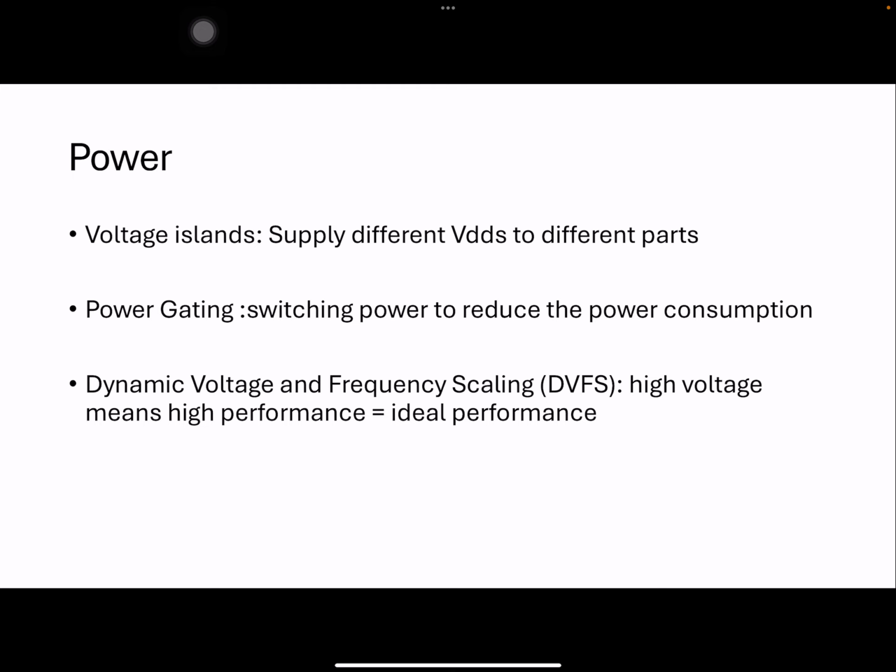The DVFS technology is an effective energy saving technology that dynamically adjusts the operating voltage and the frequency of the processor to achieve a balance between system performance and power consumption, helping to improve energy efficiency, reduce power consumption, and then extend the battery life. So if you want high performance, you can give the device high voltage.